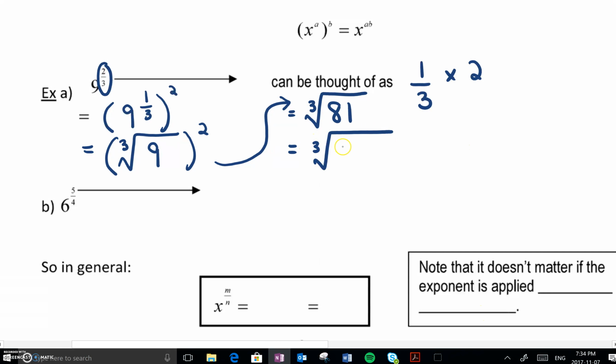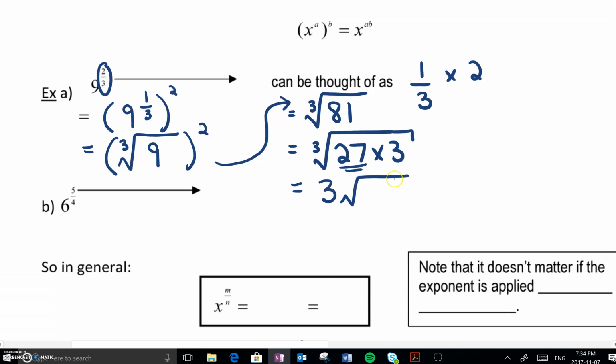To do that, you have to know that 27 times 3 gives you 81, and the third root of 27 is what we want. So 3 times 3 times 3 is what you're looking for. That's why I split this up with the number 27, because that's the third root. The third root of 27 is equal to 3.